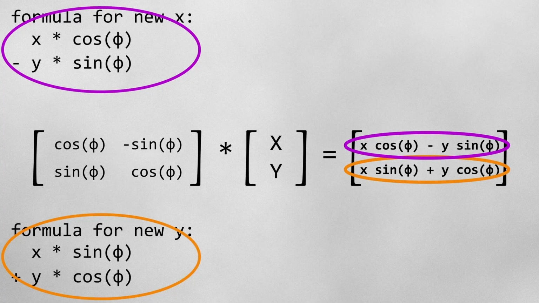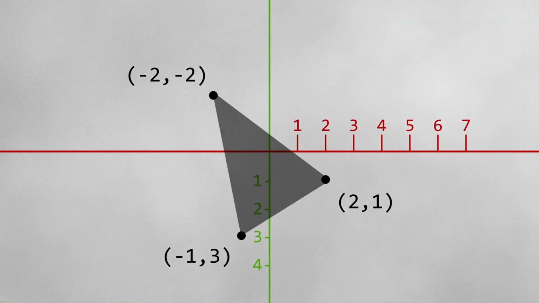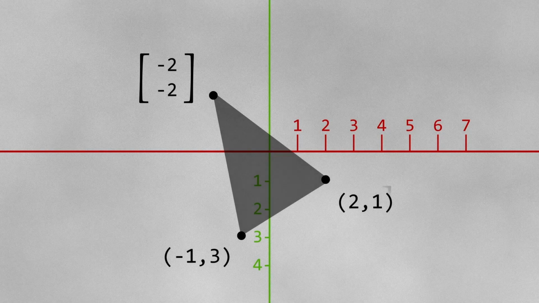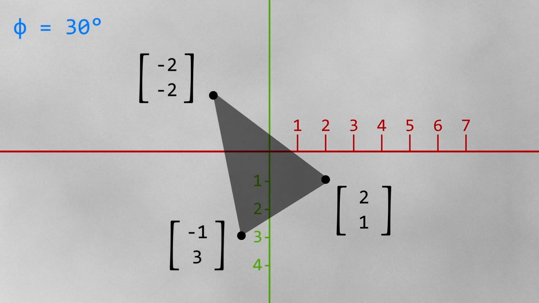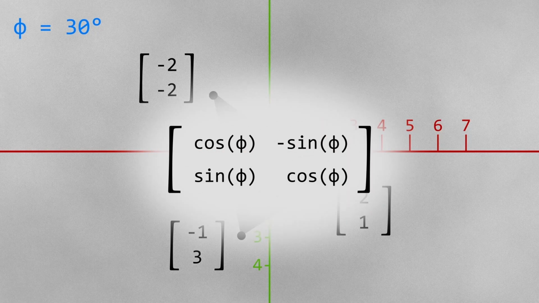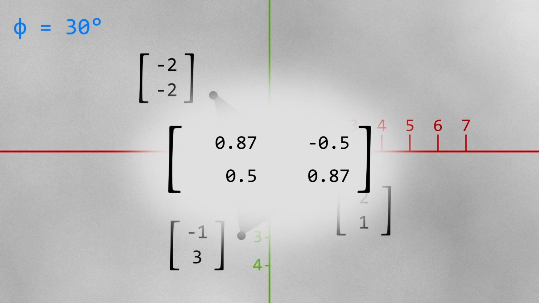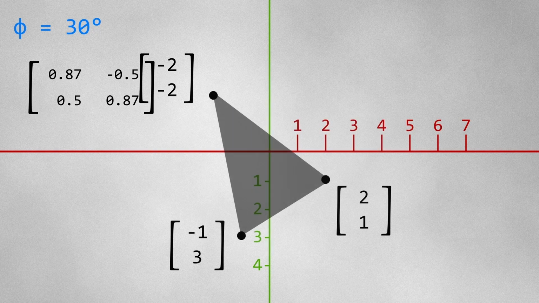So let's go back to our triangle example. In order to abide by matrix multiplication rules, we have to transpose the way we write our xy coordinates, so now they are 2 by 1 matrices. Let's take an arbitrary angle of 30 degrees. If we take the rotation matrix and insert this angle into it, we receive a new matrix with concrete numbers which we can multiply onto our points.